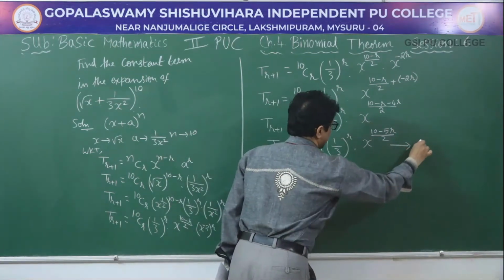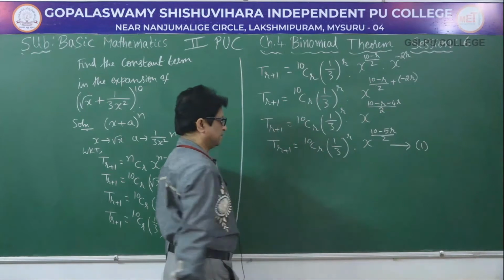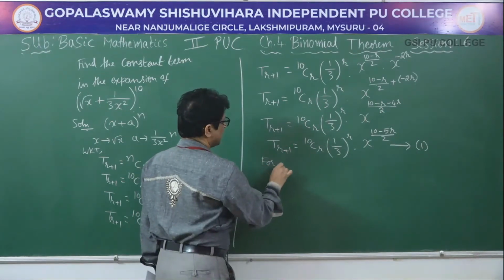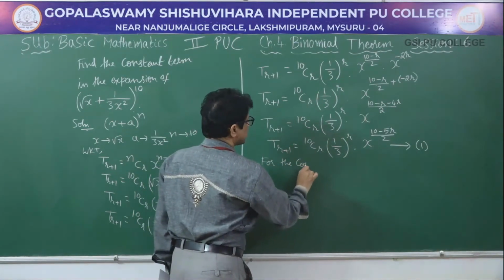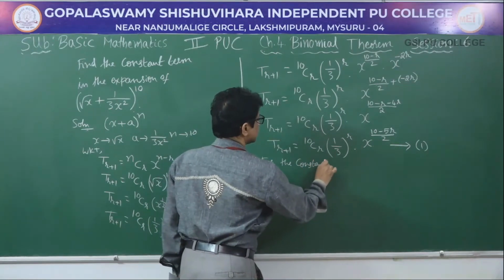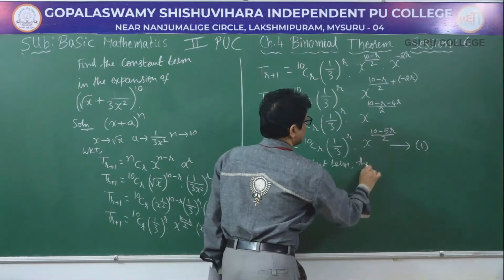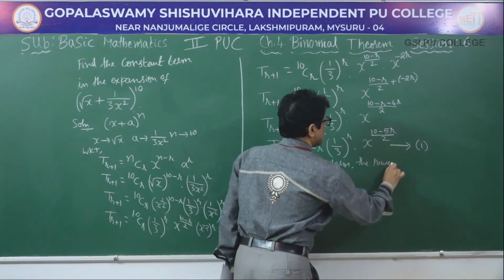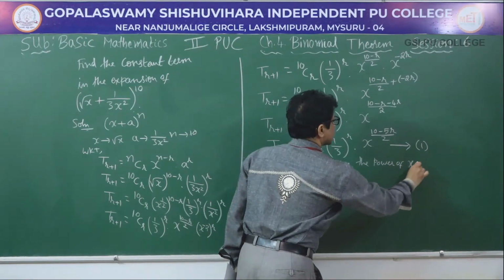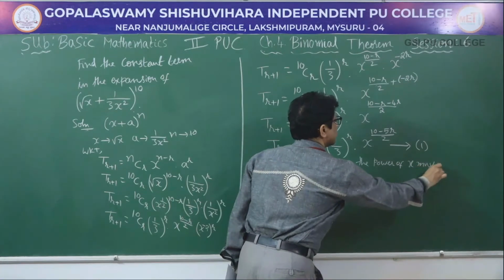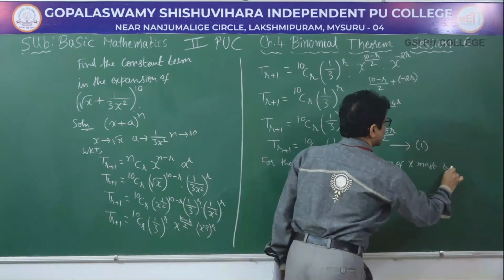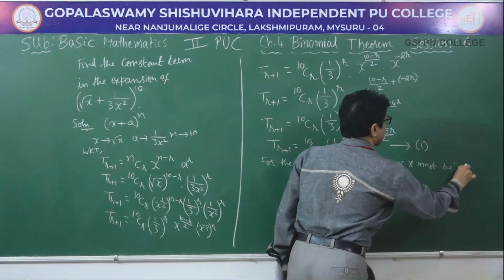We call this equation 1. For the constant term, the power of x must be 0.